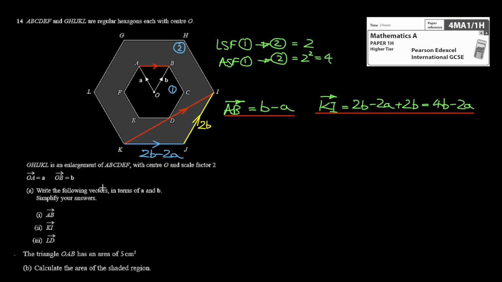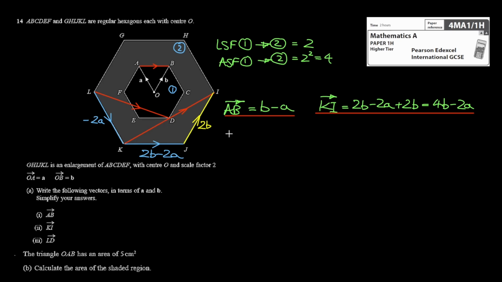Now they want us to find LD, which is this vector here. Okay, here's LK. Now LK is parallel geometrically with vector A, but it's going the wrong way, and it's double the length. So this is vector negative 2a. To do our journey from L to D, we have to go down L to K and then halfway along the vector we've just found.